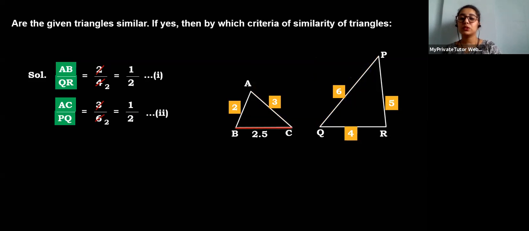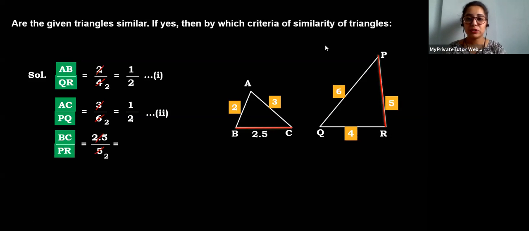Now let's go to the last side, that is BC and PR. For BC the value is 2.5, so we write 2.5. What is the value for PR? 5. So we write 5. Both of them get cancelled. How did this cancellation happen?